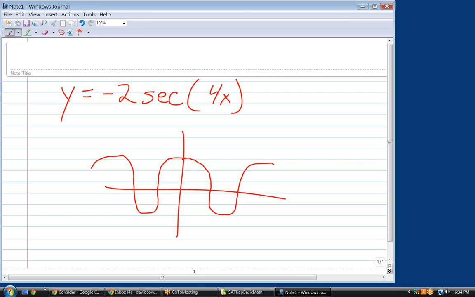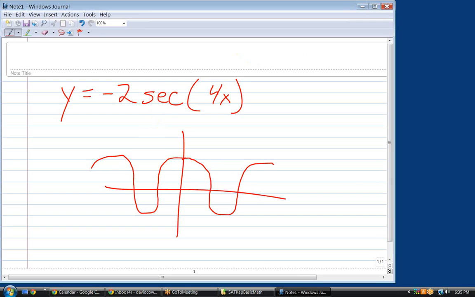In other words, it's a perfect reflection over the y-axis. That's why the cosine of -x is the same as the cosine of x. It's also why the secant of -4x is the same as the secant of 4x. So that's the first thing I can do, is get rid of the minus sign.